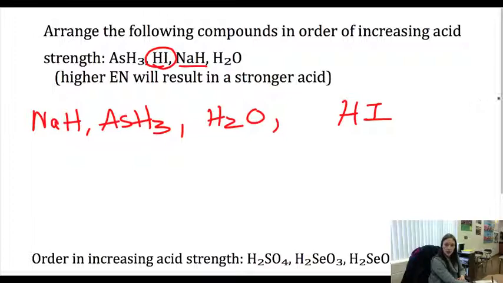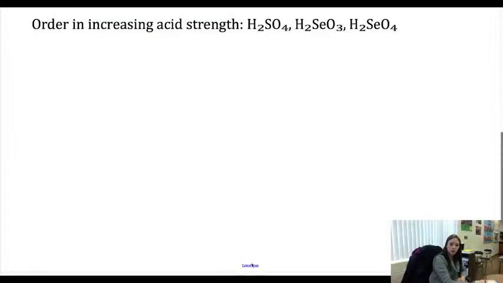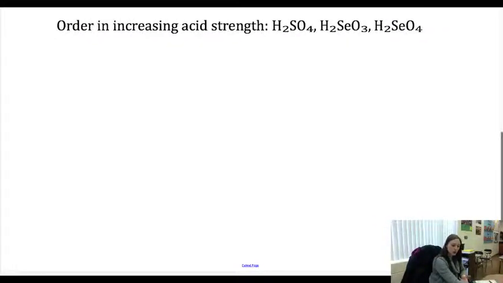Now we're going to look at the next problem, which deals with oxygens. In order of increasing acid strength, I have H2SO4, H2SeO3, H2SeO4. Well, we've got increasing oxygen numbers between these two. The more oxygens you have, the stronger the acid.